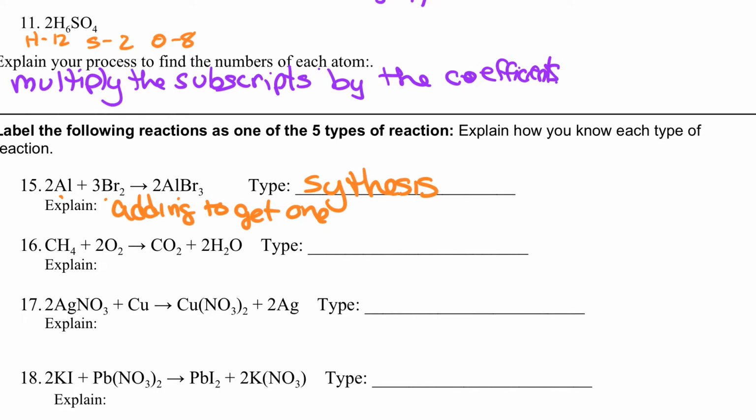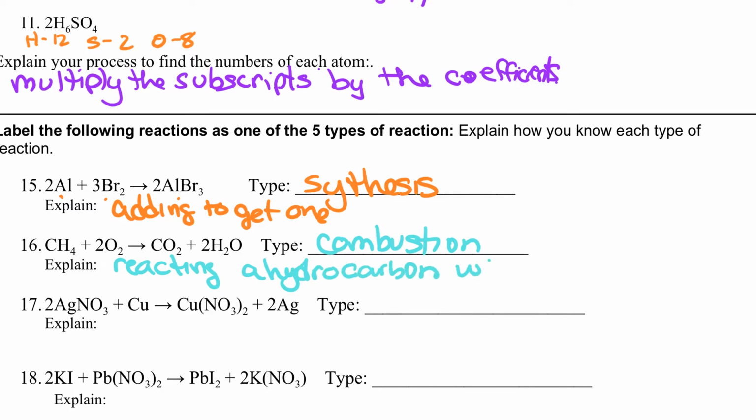This CH4 plus O2 yields CO2 and H2O. This is combustion. I know this because I am reacting a hydrocarbon with oxygen to get carbon dioxide and water as my product.